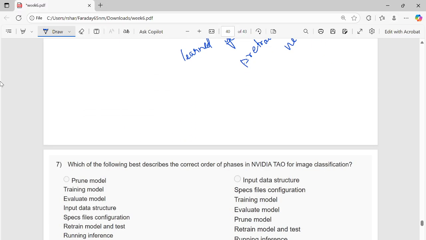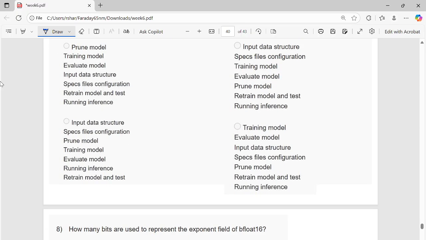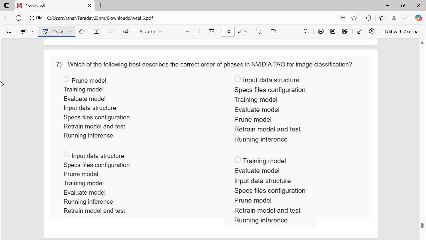Next question, which of the following best describes the correct order of phases in NVIDIA TAO for image classification?